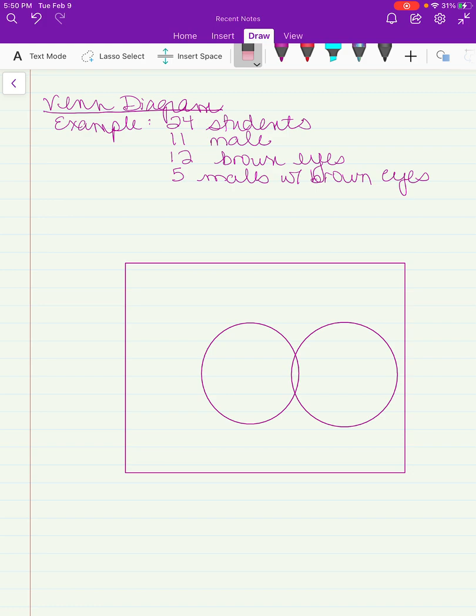Okay. So you can tell that we have male and we have brown eyes. We know that there are 24 students, and I'm putting the 24 up here so that I know what everything should add up to.